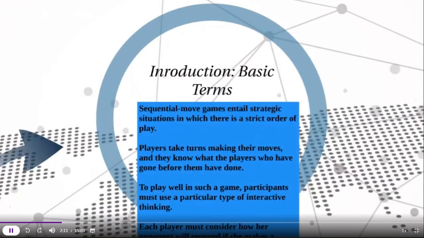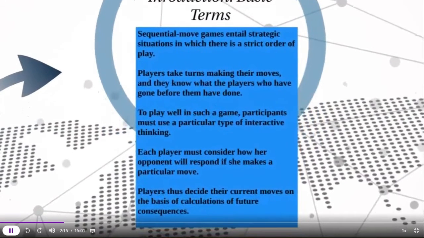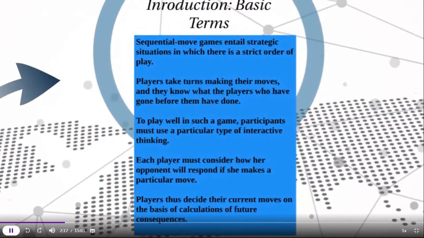As you can see, the introduction is basically where we're going to introduce basic terms. So what exactly is a sequential move game? Sequential move games entail strategic situations in which there is a strict order of play. If you remember, the basic difference between simultaneous and sequential move games is this: in a simultaneous move game, there is no order.